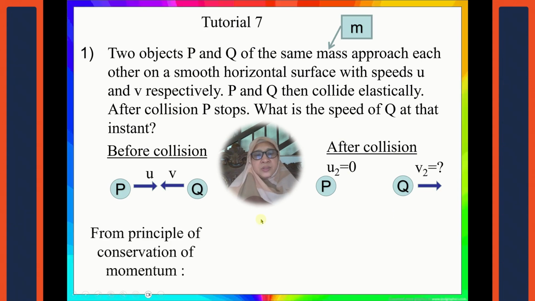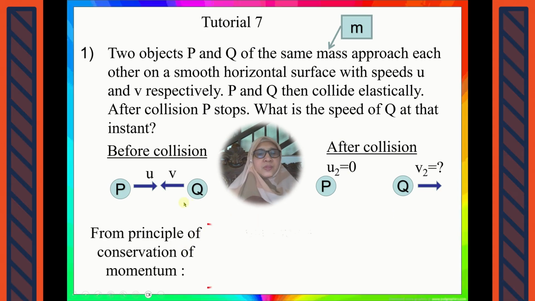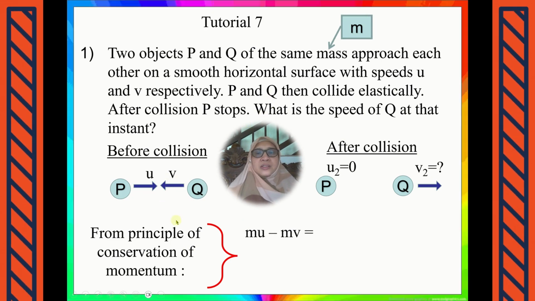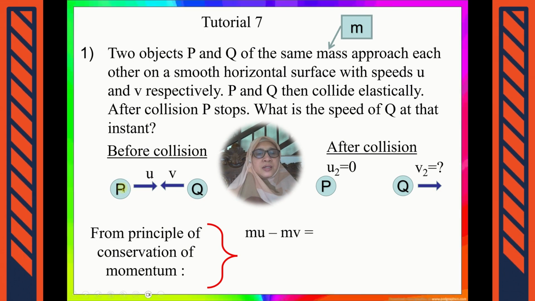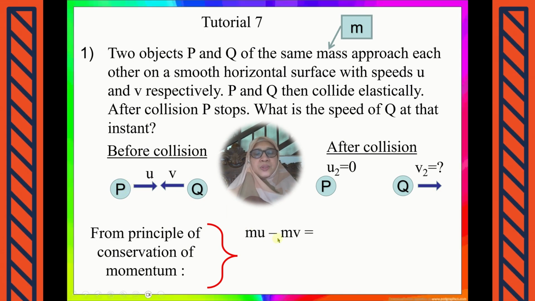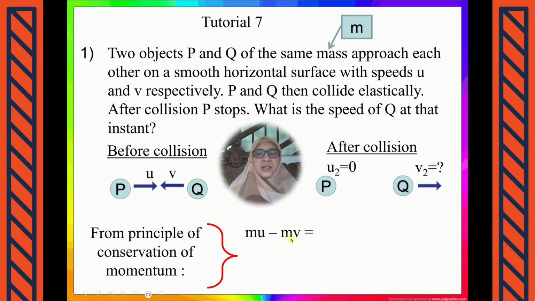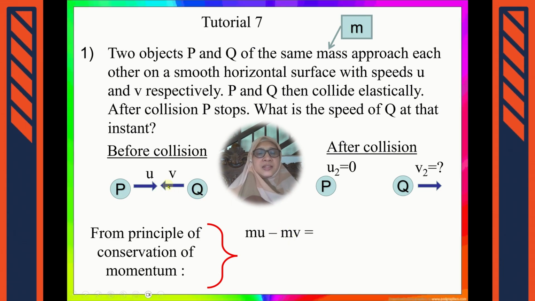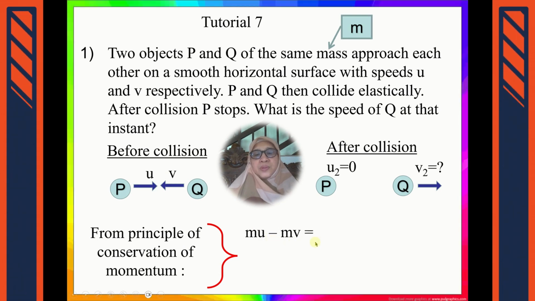So we use the principle of conservation of momentum. Before collision, the momentum of P is m times u, plus the momentum of Q is negative mv, negative because v is in the opposite direction, so it becomes mu minus mv.